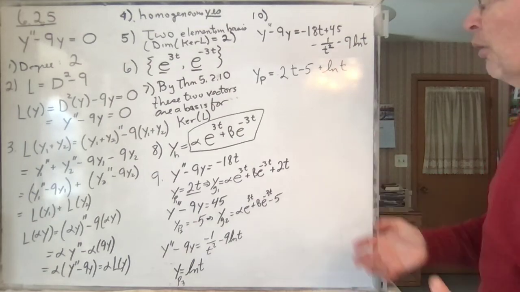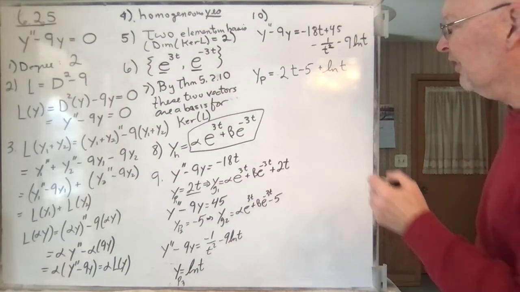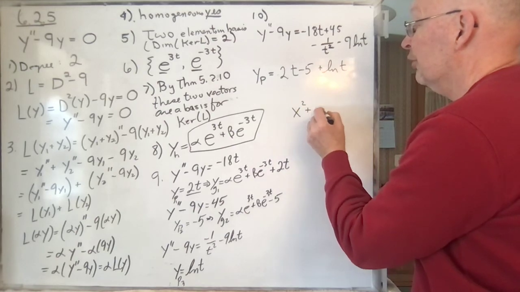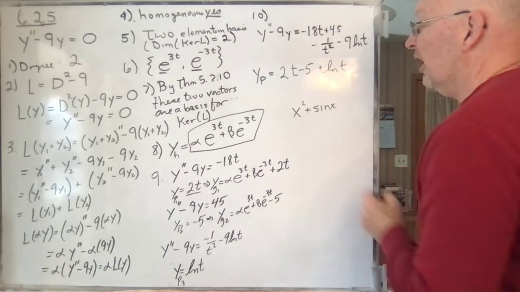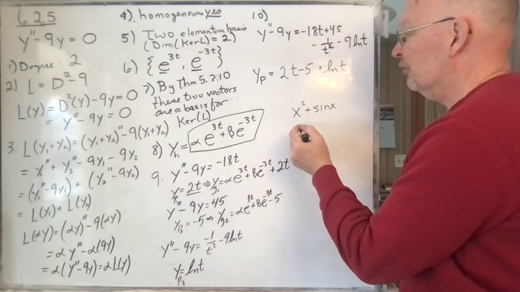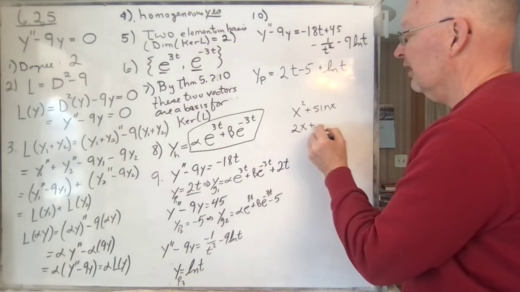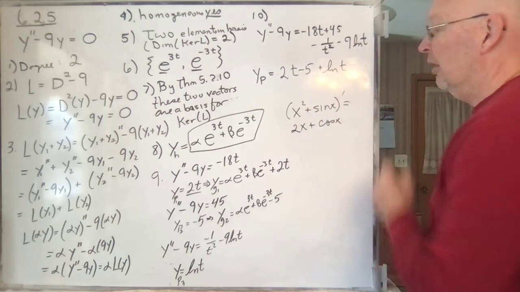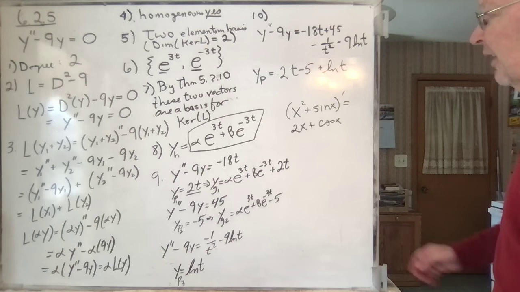Everything can just be broken up. Remember the difference between taking the derivative of the sum of two things versus the product of two things? When you have the derivative of the sum, all you do is take each one individually. That's really easy and convenient.